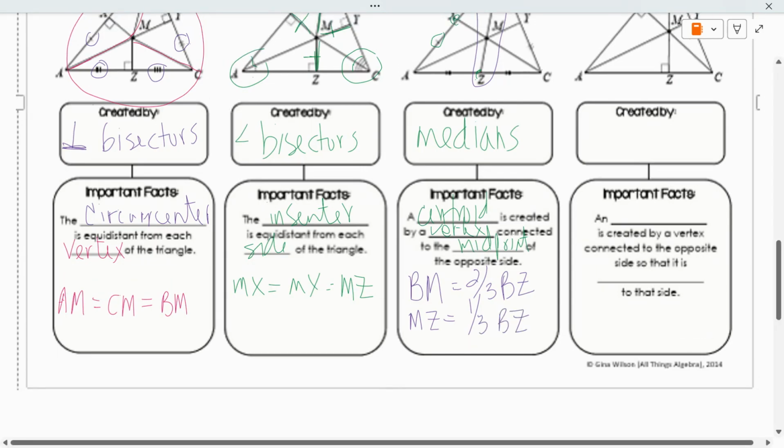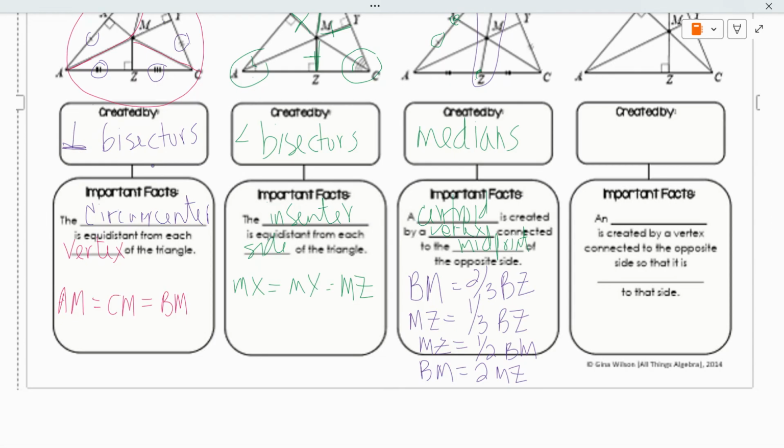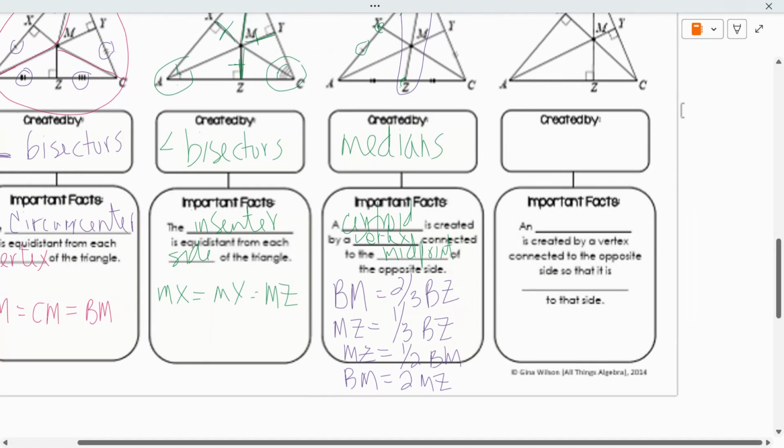But I also know that MZ is half of BM, or BM is twice MZ. Now, that works for all of the medians. It can be broken down like that.